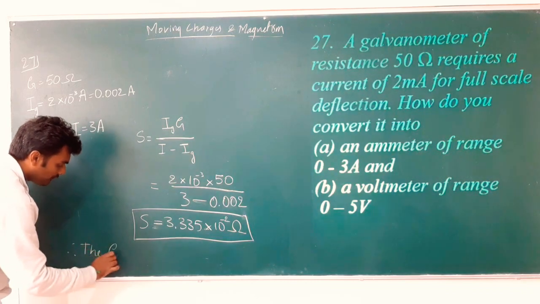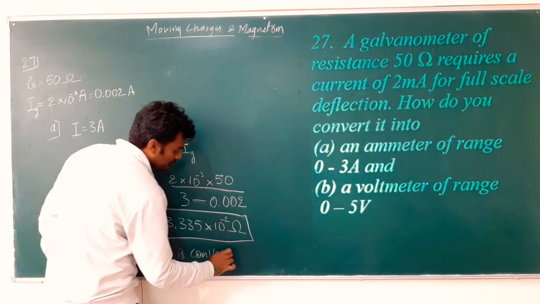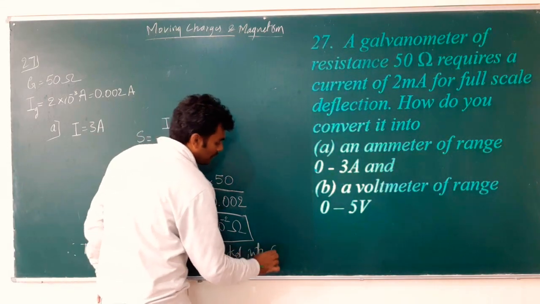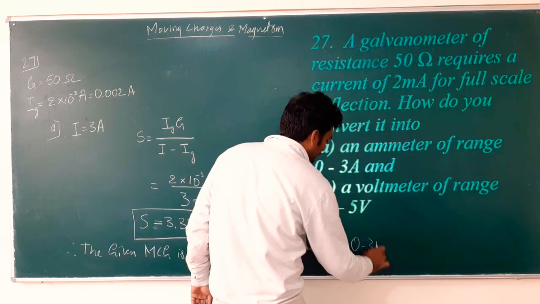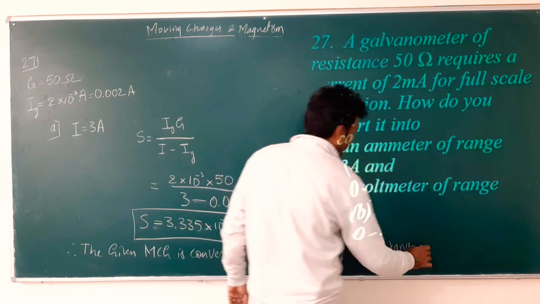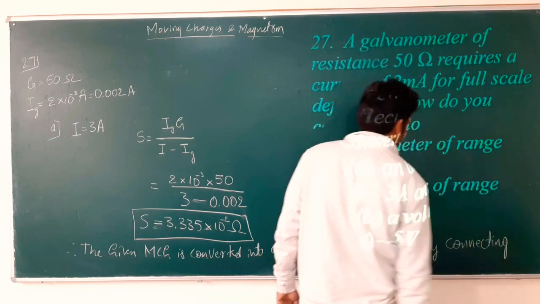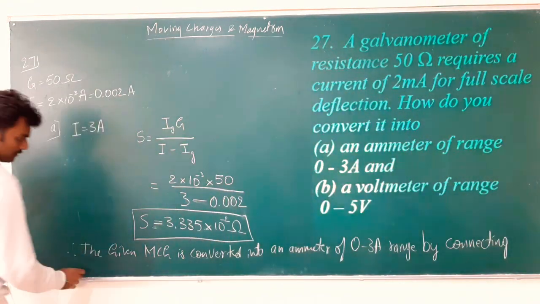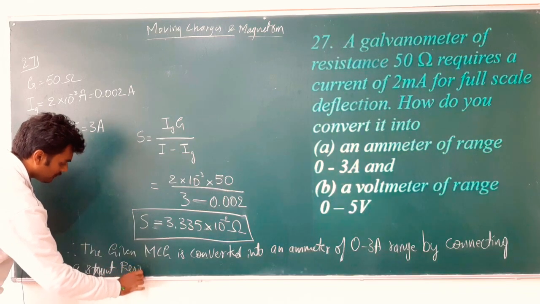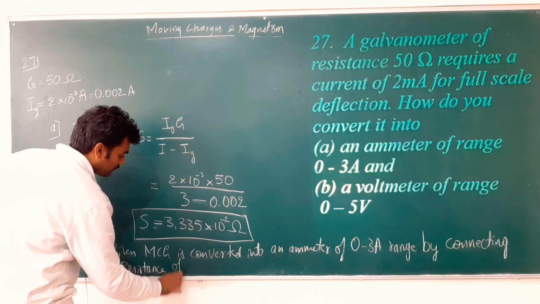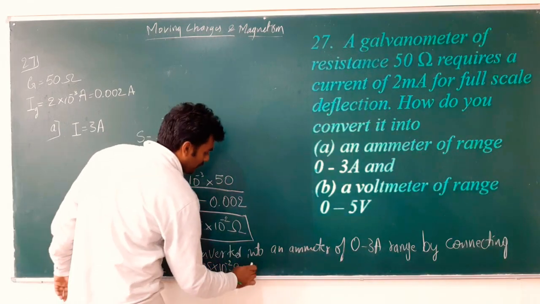Therefore, the given moving coil galvanometer is converted into an ammeter of 0 to 3 ampere range by connecting a shunt resistance of 3.335 into 10 to the power of minus 2 ohm in parallel.